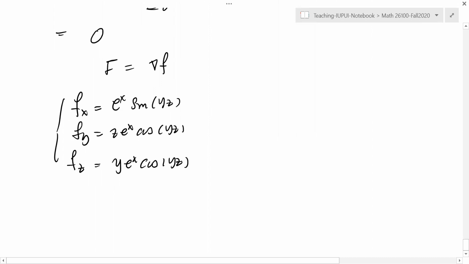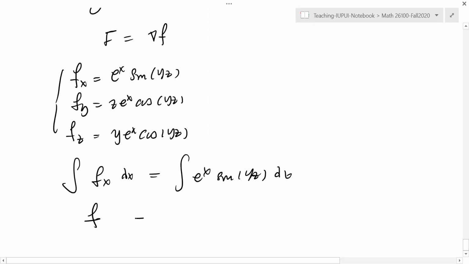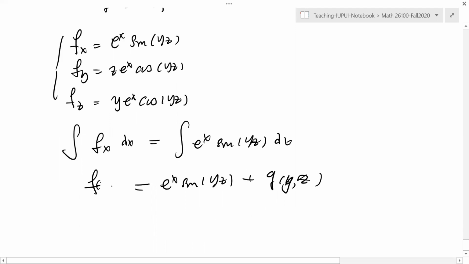All right. So the first step is integrate the first equation with respect to x. So I get f here. That's the integral with respect to x. It's still the same function. But don't forget you have a function that depends on yz. Then you have to plug into the second equation, the third equation.